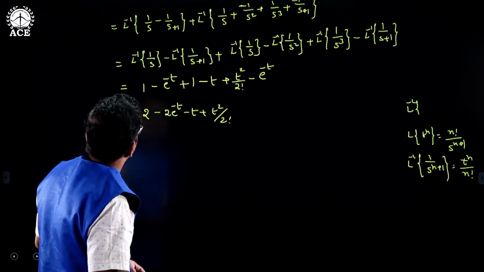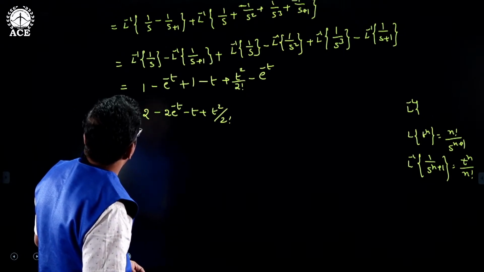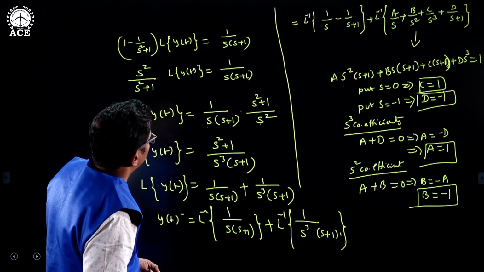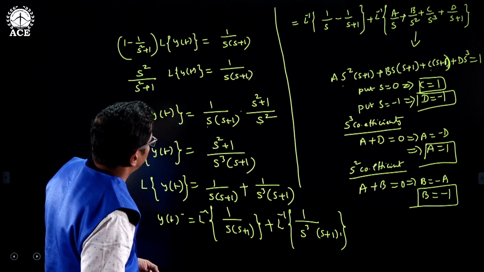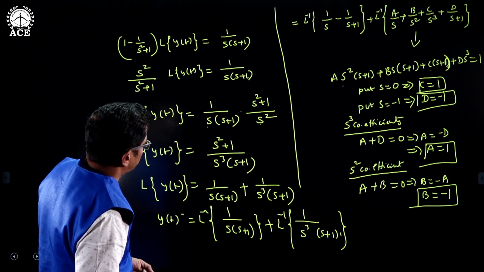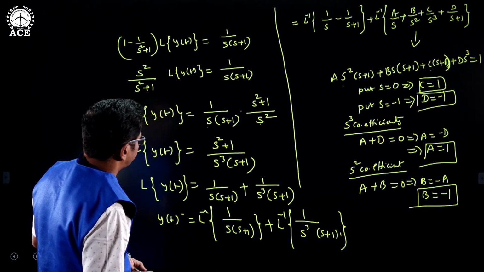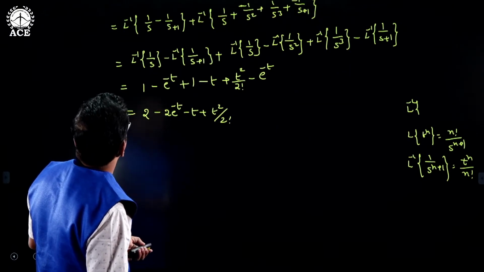Wait, did any mistake happen here? L inverse of what is b, what is a, a is 1 only, right? Okay.